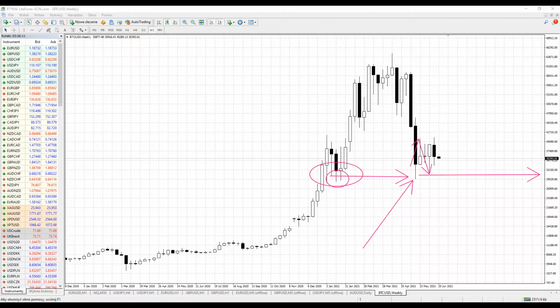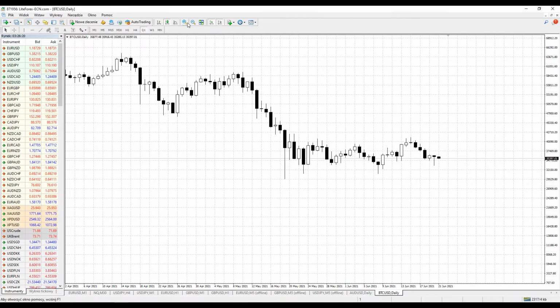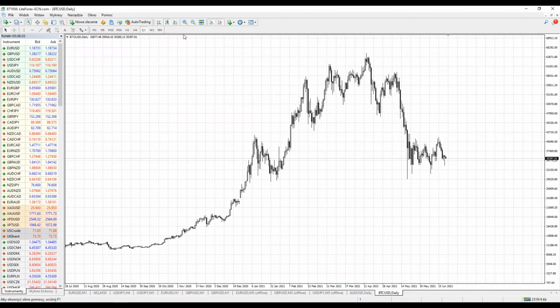So let's switch lower. Let's have a look at what was possible to do when it comes to this candlestick chart. Well, okay, on the daily chart, going really lower, we've seen once, twice, three times the market been trying to move lower.